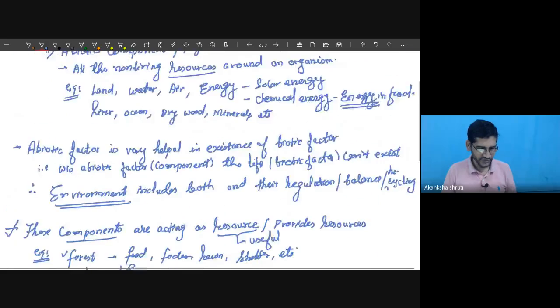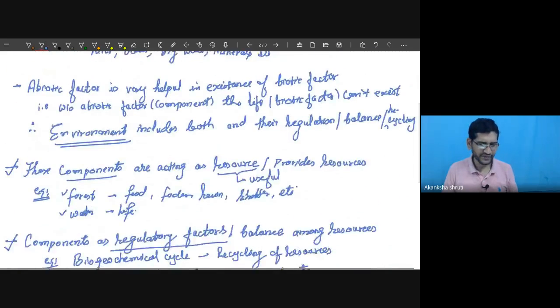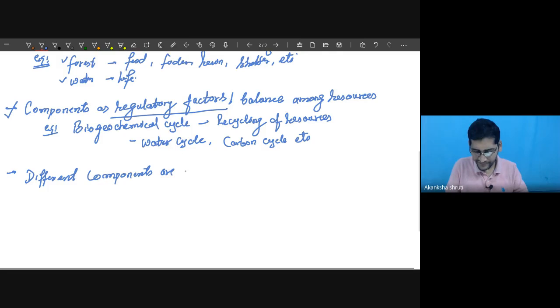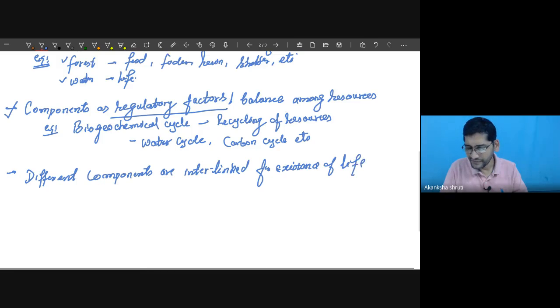Okay, this is important. So this is the component of environment. A student, so different components are interlinked for the existence of life.